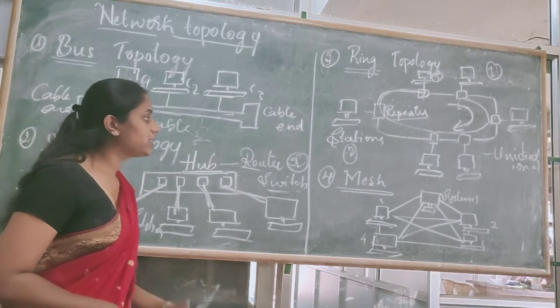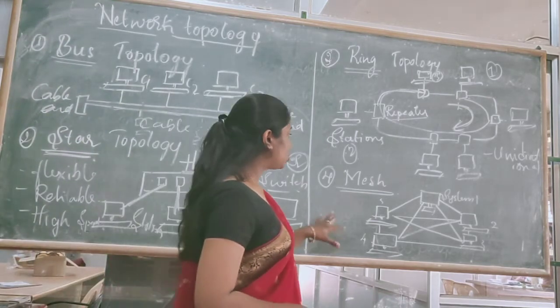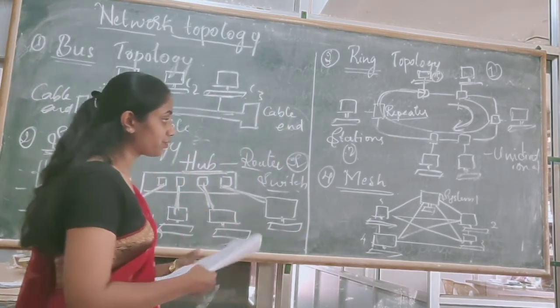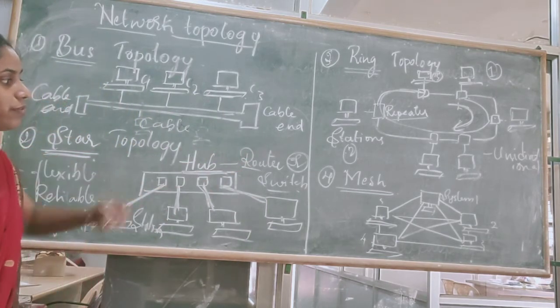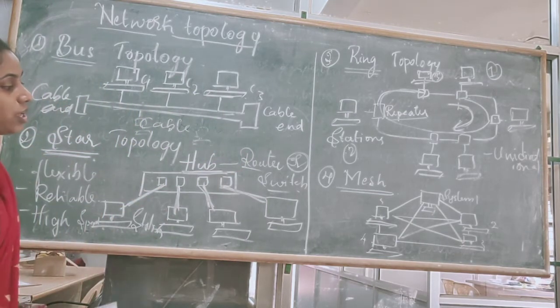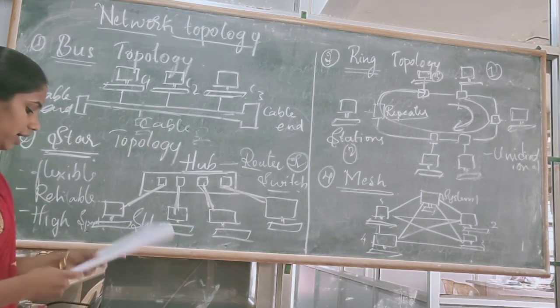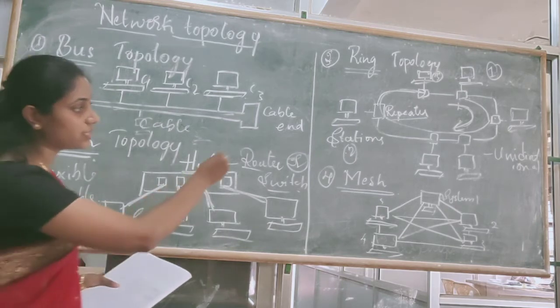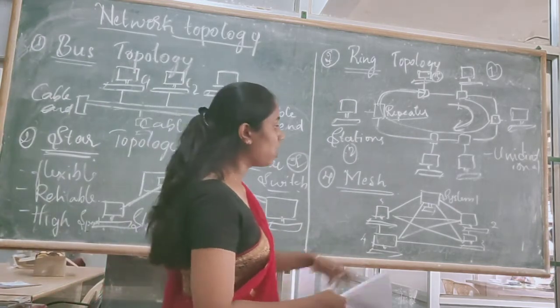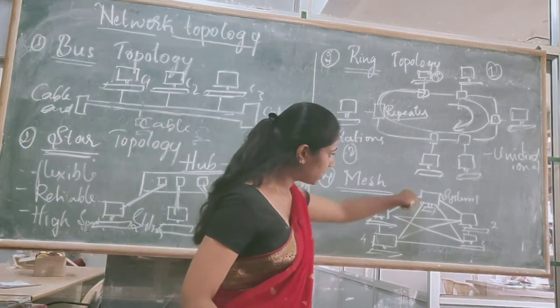The next one is mesh topology. These are the disadvantages. Next we will move to the mesh topology. So what is happening in this mesh topology is all the systems are interconnected with each other. See, all the systems are connected to each other.